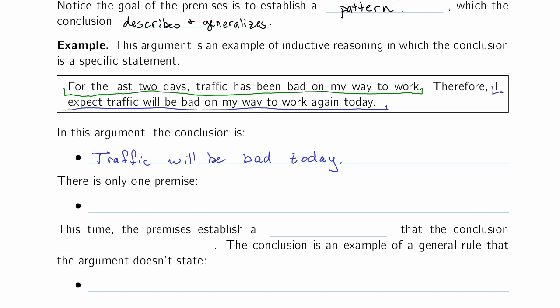And it's based on only one premise, namely, traffic has been bad the last 2 days.